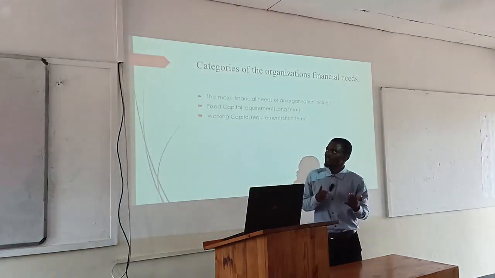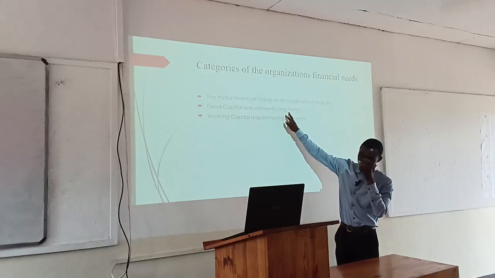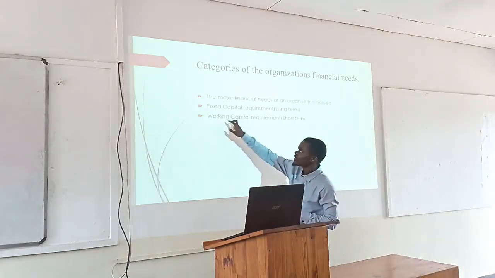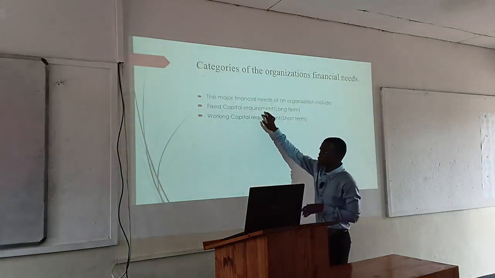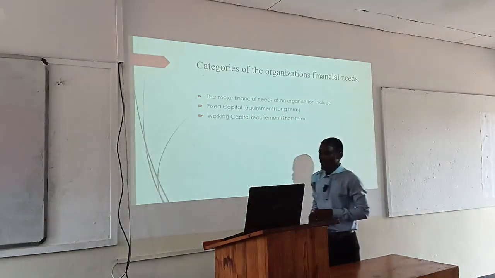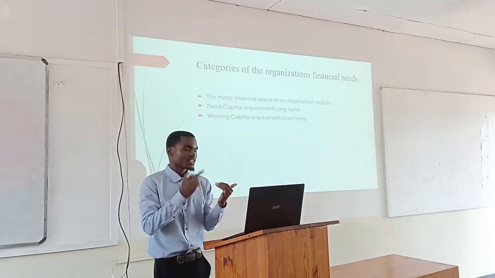So there are two ways in which organizations use finances. The first one is about long-term investments, where an organization is purchasing fixed capital assets in order to facilitate their objectives.